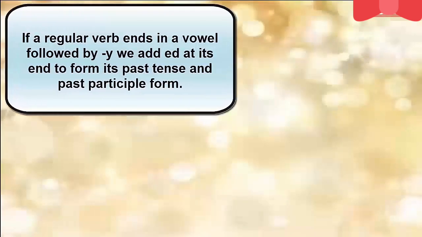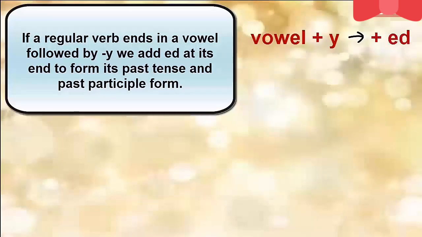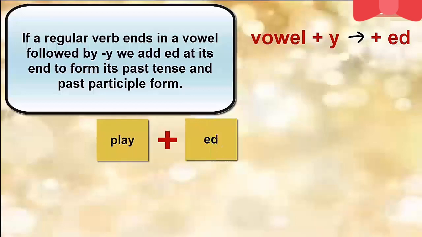If a regular verb ends in a vowel followed by y, we add ed at its end to change its form. For example, the verb play ends in a vowel which is followed by y. We form its past and past participle form by adding ed at the end. Hence, played is the past and past participle form of play.